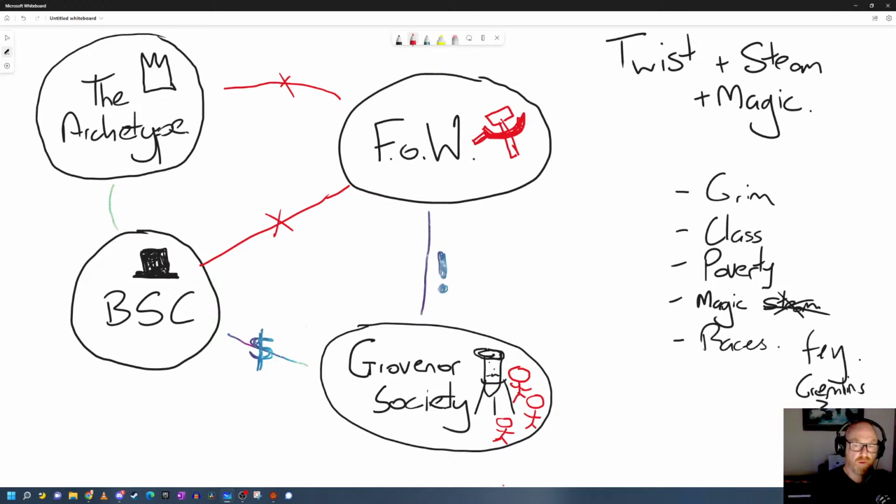When you anchor them to a group, I'm going to put a little red line here as well, because some people on both sides may not like each other depending on who they are. When you anchor them to a group in a community, you now have a way of tying them to caring about the events in the world.